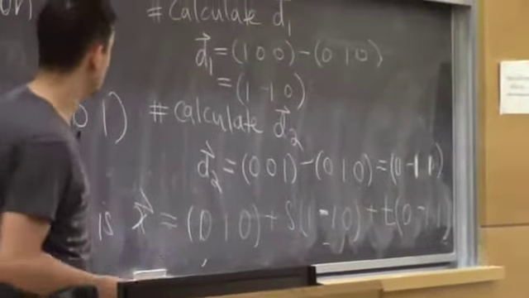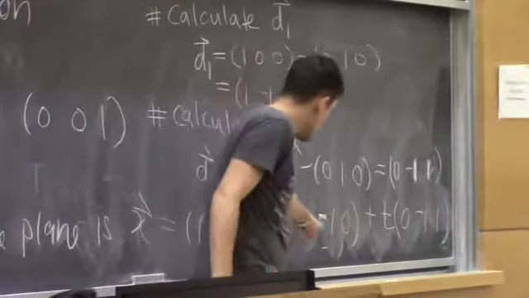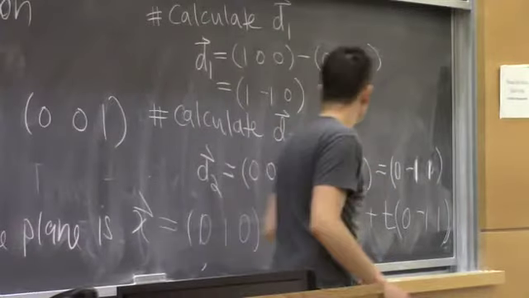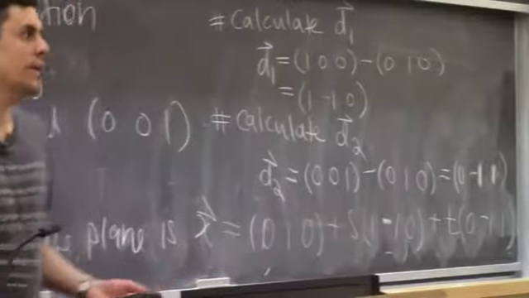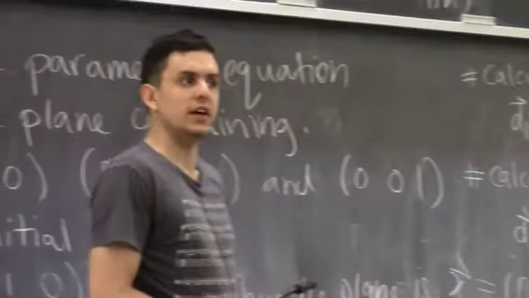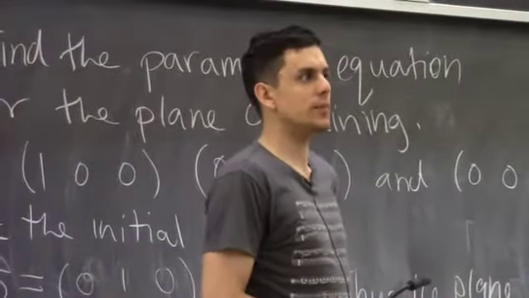Okay, so we put stretched copies of our two direction vectors, and we add that to our initial point. Okay, any questions or thoughts about that setup?